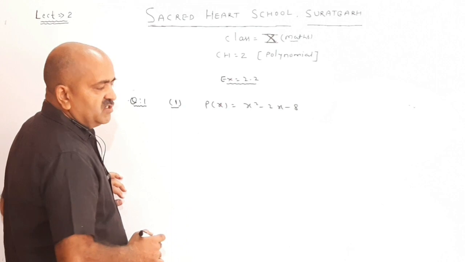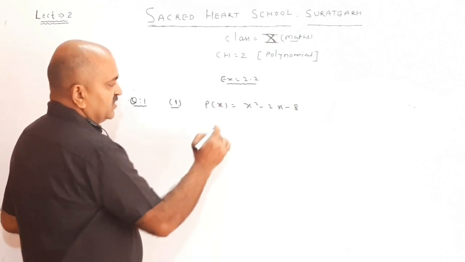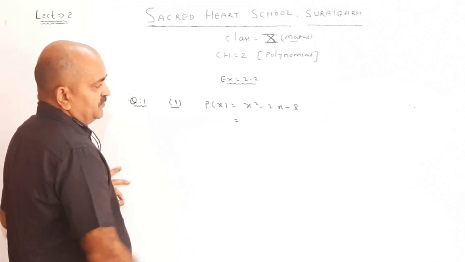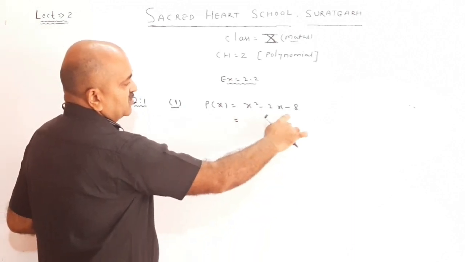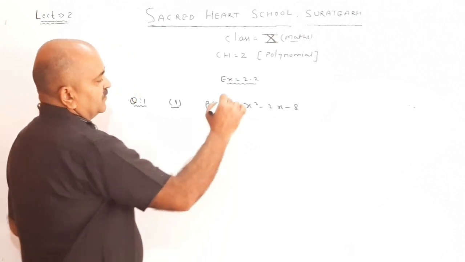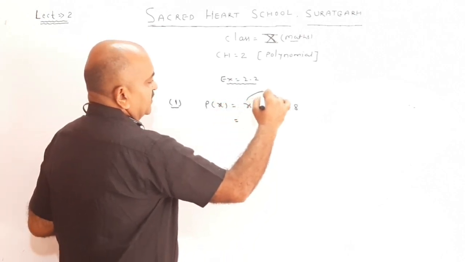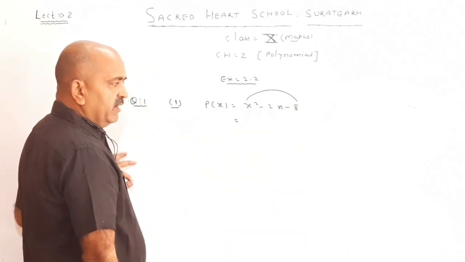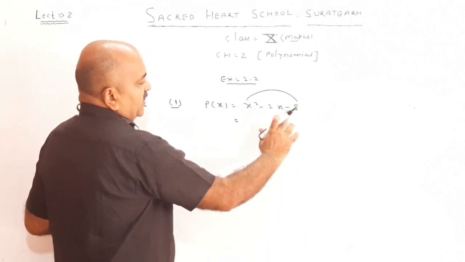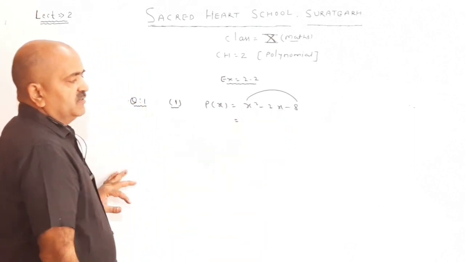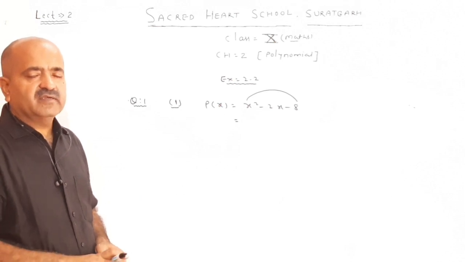So students, to find zeros of this polynomial, first we use middle term split. X square minus 2x minus 8. First and last multiply, then we obtain 8x square. And if we subtract the numbers, then we obtain the middle number 2x. Students, what is the suitable factor?